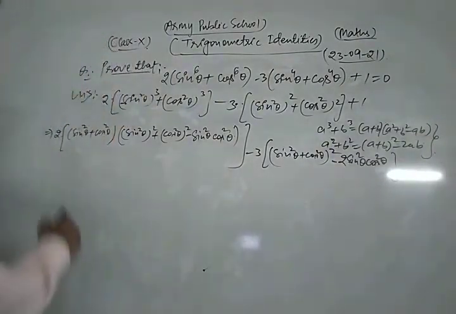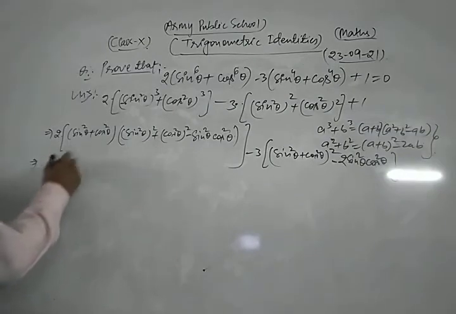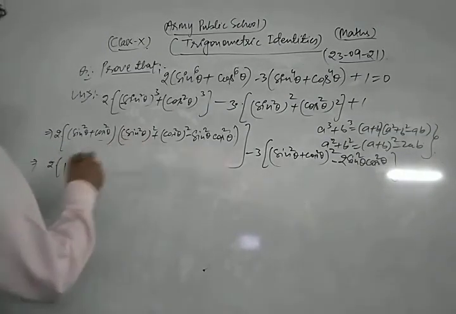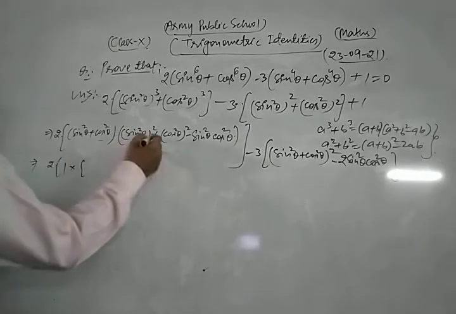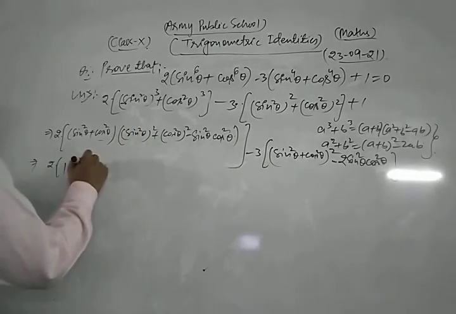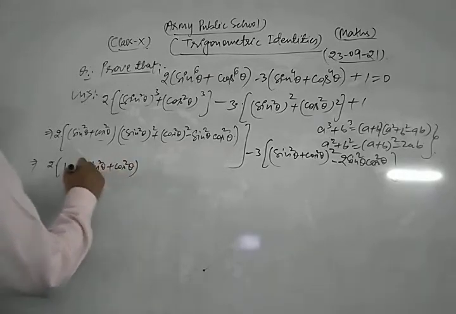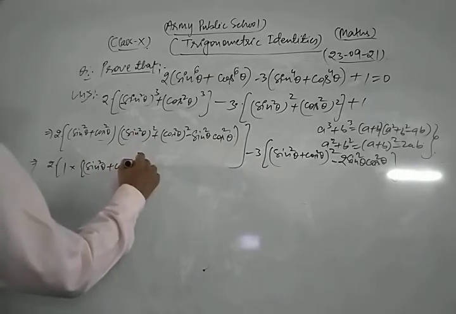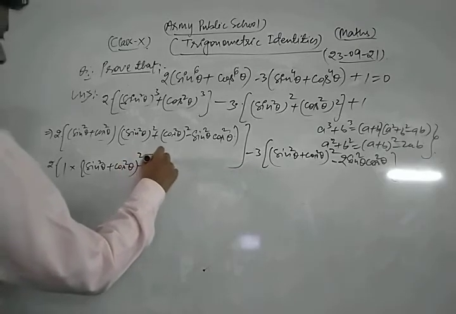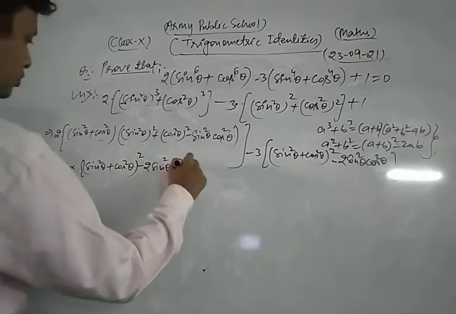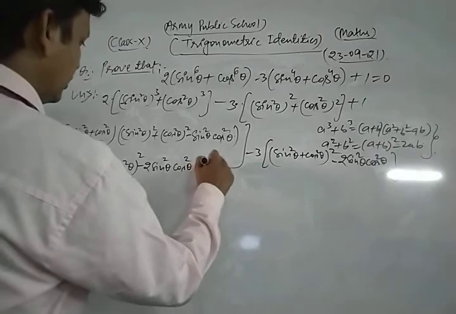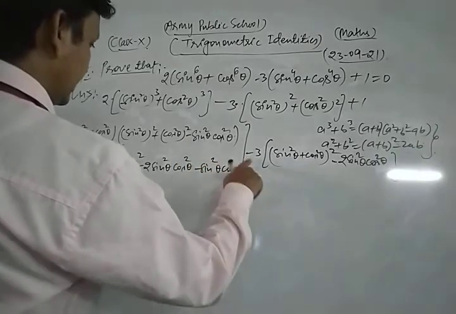Now look, we can write 2 into the value of this, which is 1. And in another bracket, we can write a plus b whole square minus 2 sin square theta into cos square theta, and sin square theta cos square theta is written as it is.